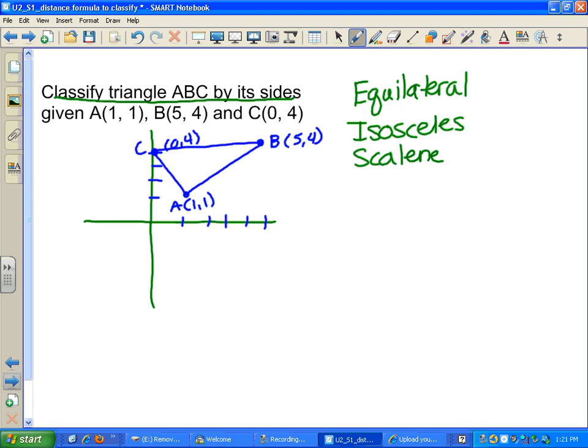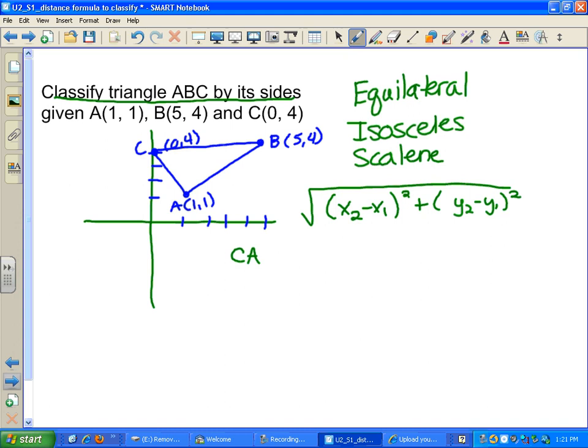So I'm going to use the distance formula to find the length of each side. I am first going to start with the length of CA. Remember, the distance formula is the square root of x2 minus x1 squared plus y2 minus y1 squared.